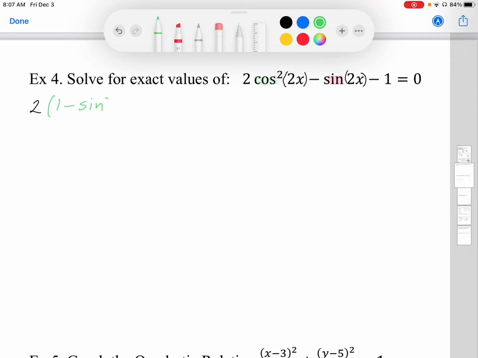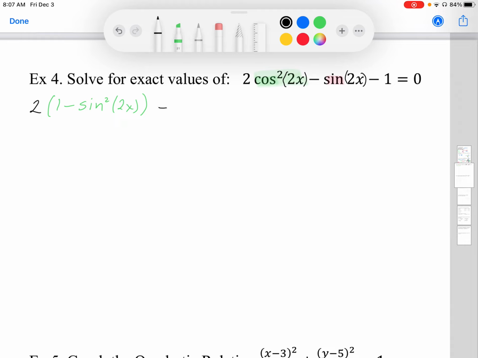Okay, and it works because it's sine squared and cosine squared. We don't have an identity to convert cos to sine, but we have an identity to convert cos squared into sine squared, which is what I've done here. So I've applied the Pythagorean identity to this expression, and I've now converted it into a sine expression.